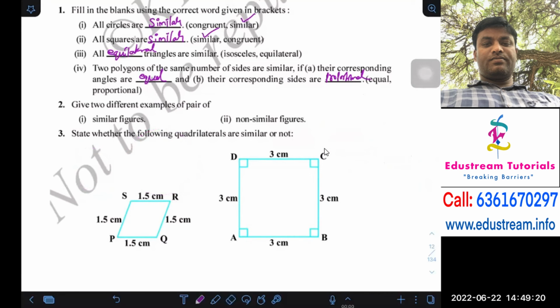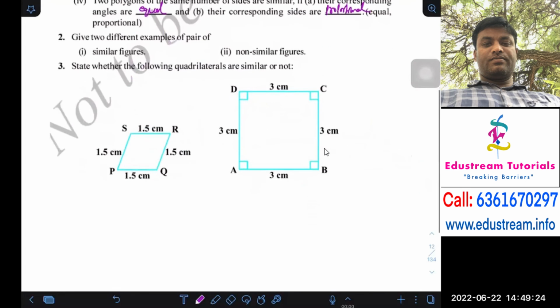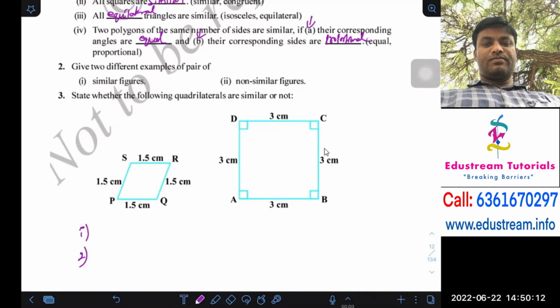Okay, next. State whether the following quadrilaterals are similar or not. So check these two conditions. The corresponding angles should be equal. See here, this is not 90 degrees. This is exactly 90 degrees. So angle S is not equal to angle D. Angle R is not equal to angle C. This is 90 degrees.